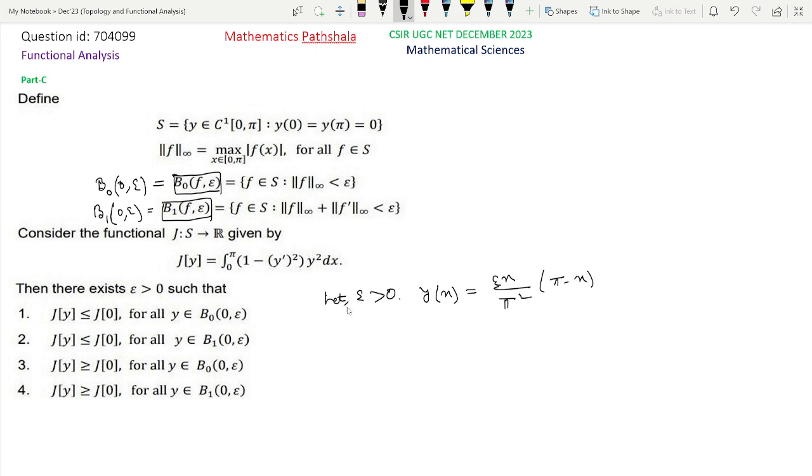So we have taken arbitrary epsilon. This epsilon may be less than 1 or greater than equal to 1. So if this epsilon is less than 1, then we take this, and if epsilon is greater than equal to 1, then we take simply 1 by pi square x pi minus x.